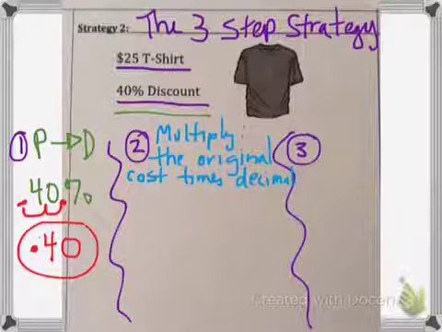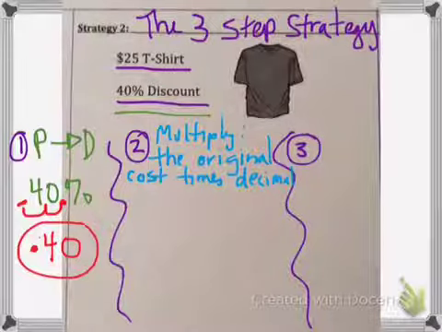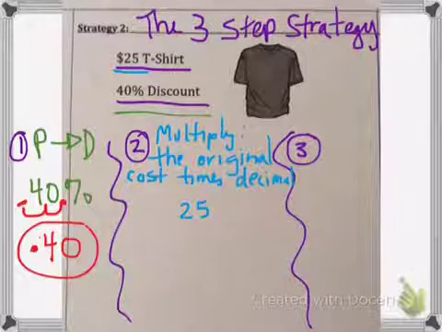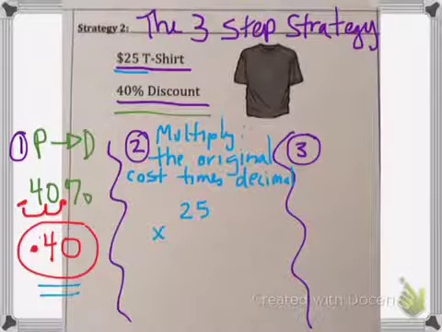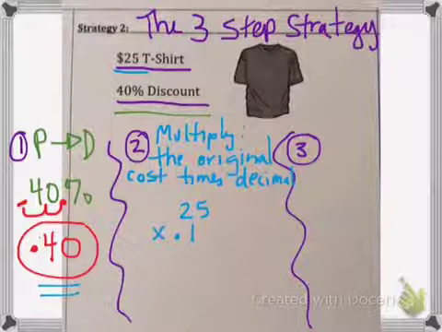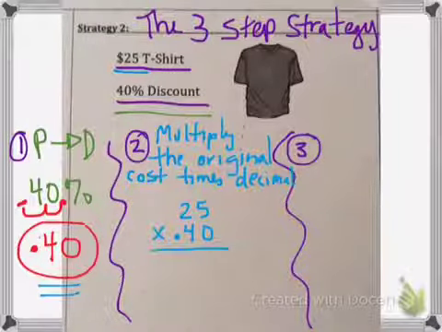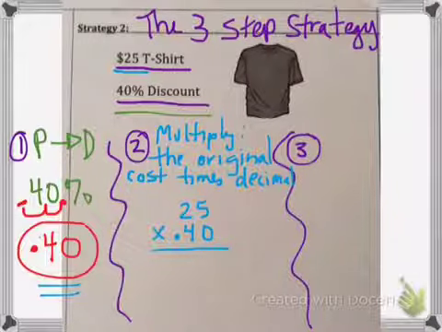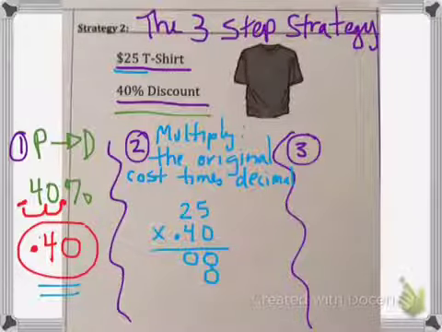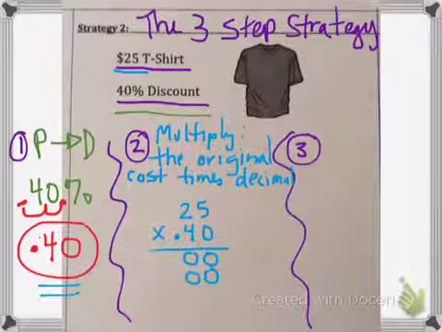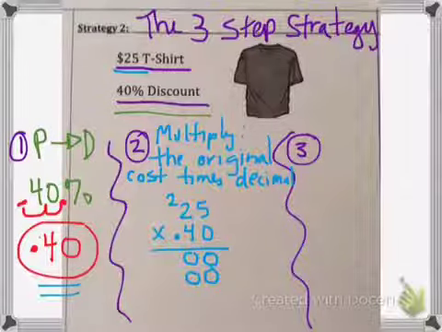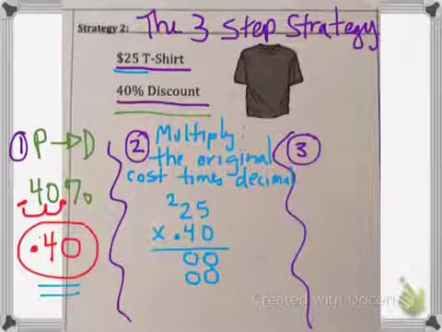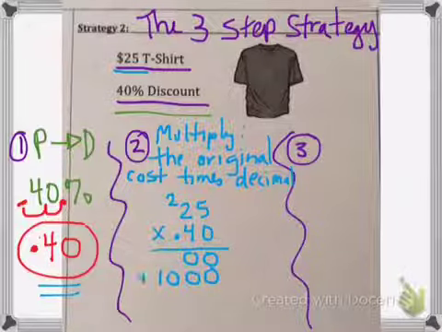The original cost is $25, so 25 times my decimal, 40 hundredths, 0.40. I line up my values and then multiply. 0 times 5 is 0, 0 times 2 is 0, add my placeholder, 4 times 5 is 20, put my 0 down, carry the 2, 4 times 2 is 8, plus 2 is 10, and then I add.